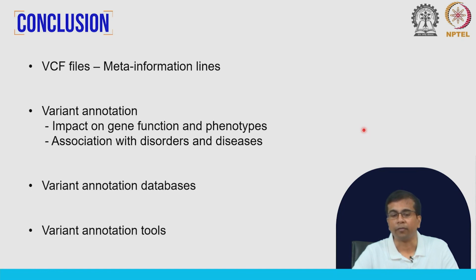Then we talked about variant annotation, looking at the possible impact of variants on gene function and phenotypes, and trying to associate them with disorders and diseases if they are already known. We talked about some variant annotation databases that will be useful if you are working with human data, and we also talked about some variant annotation tools that can be utilized.